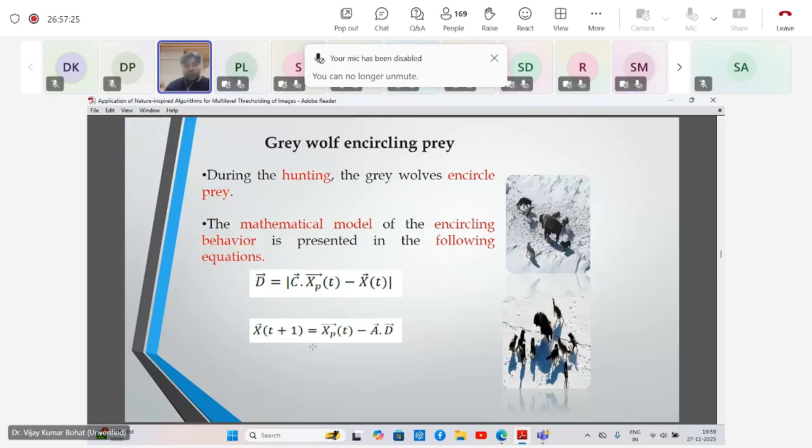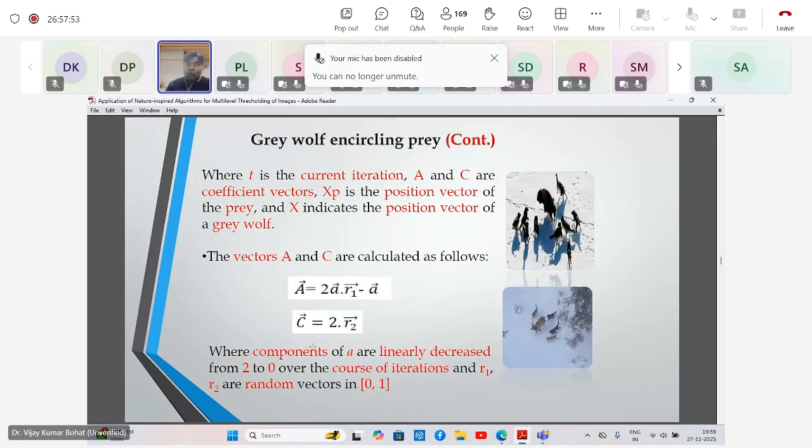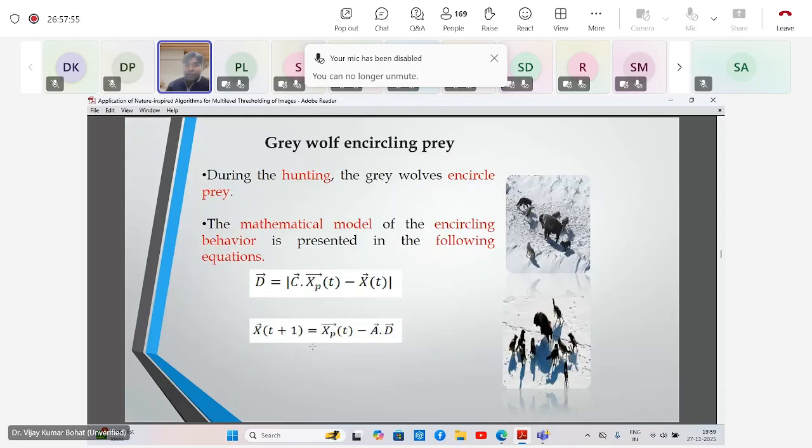So it is the responsibility of the wolves to form a group and hunt together. Their hunting mechanism is also very interesting. During the hunt, the grey wolves first encircle the prey. When they see the prey, they don't simply attack it. First, they encircle it and move along with the prey for a while.